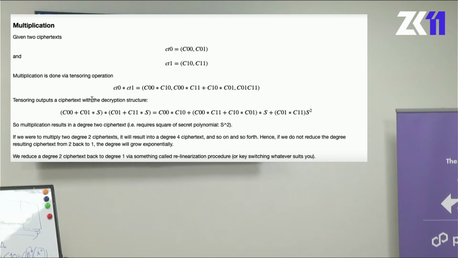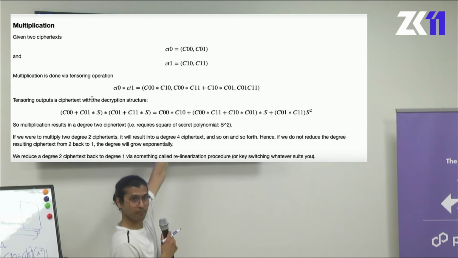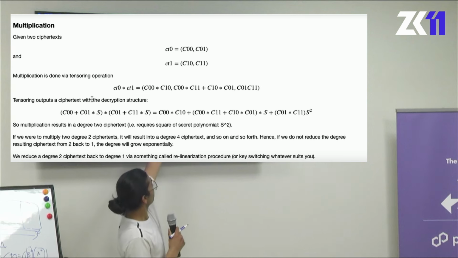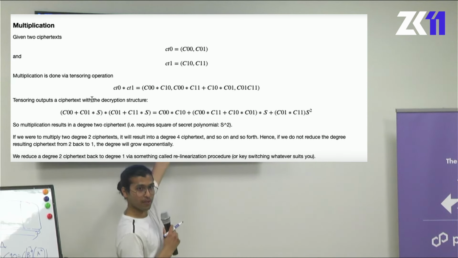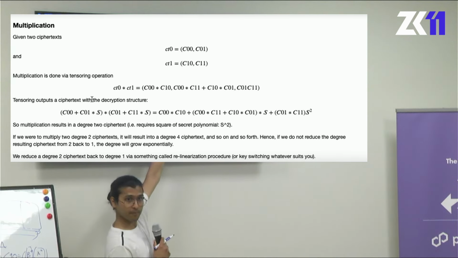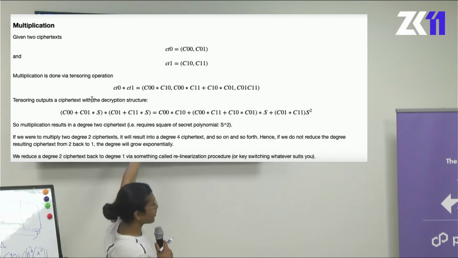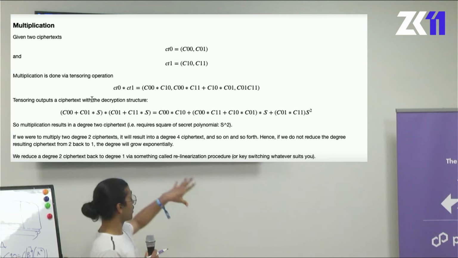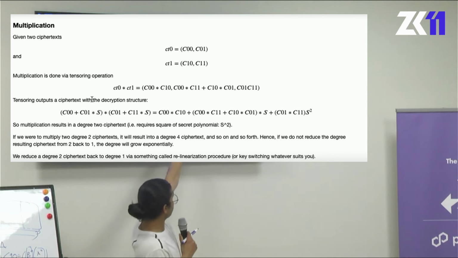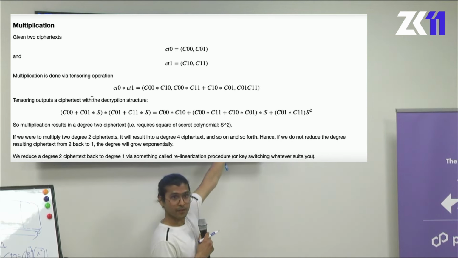And what does that give us? Well, it gives us the encryption of, well, tensoring is this, right? You perform tensoring between these two components, you get this particular thing. When you tensor two decryption structures, you get the same thing but with S at the end.